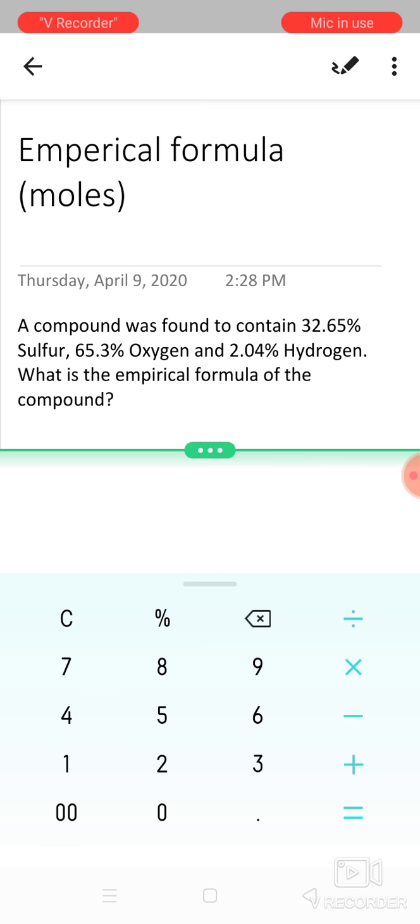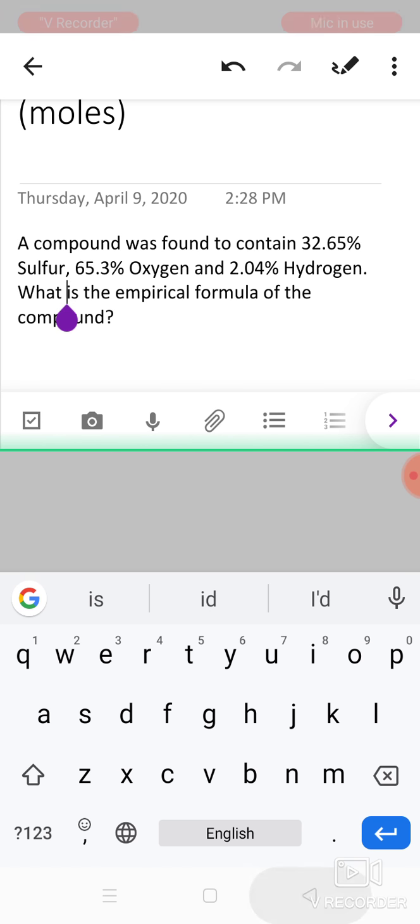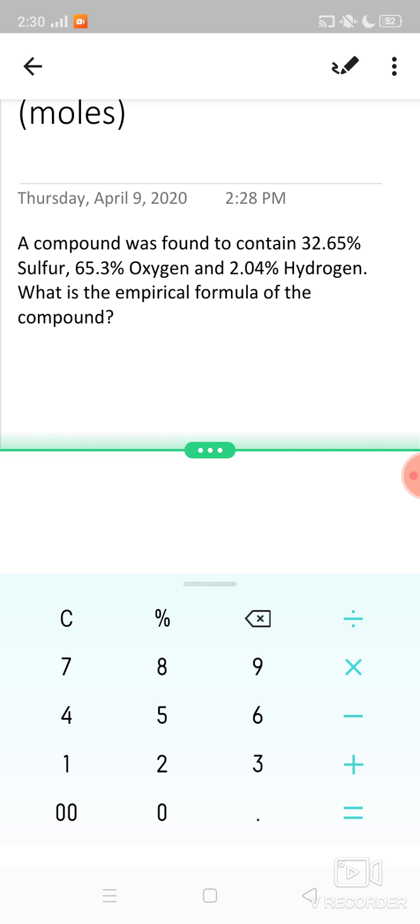I have this question that I found from the internet. The question says a compound was found to contain 32.65% sulfur, 65.3% oxygen, and 2.04% hydrogen.